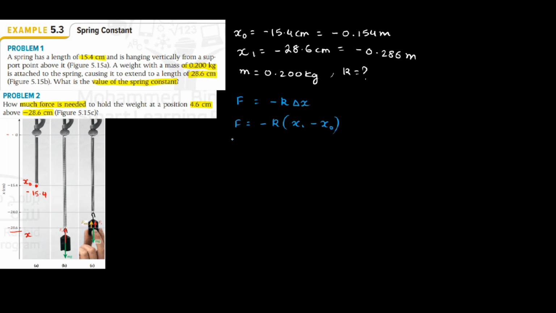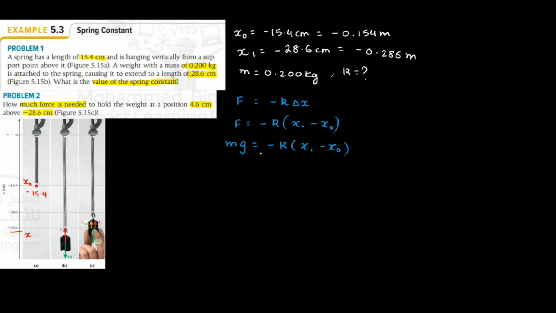I don't have the spring force, but we know that this force has to be equal to the weight of the object, and weight can be written as m into g. So I will replace the restoring force of the spring with the weight of the object: m g equals negative k times x1 minus x0.